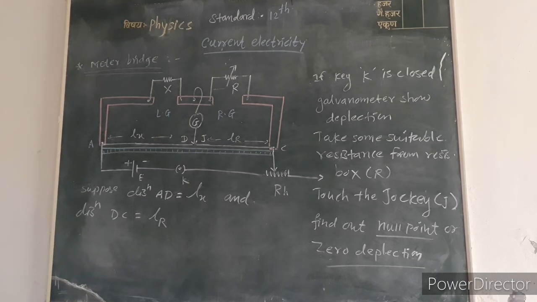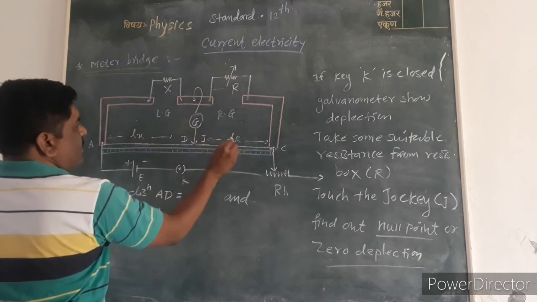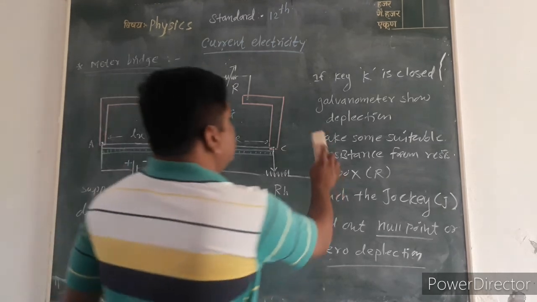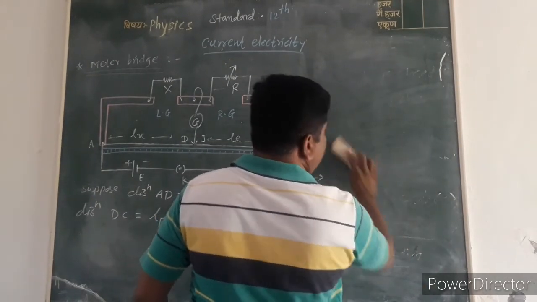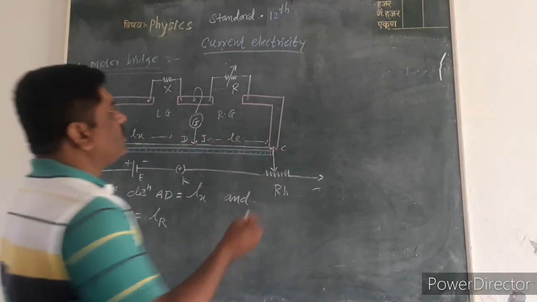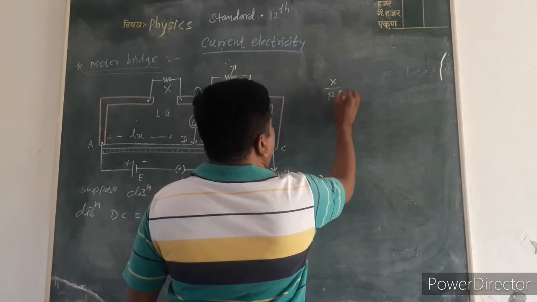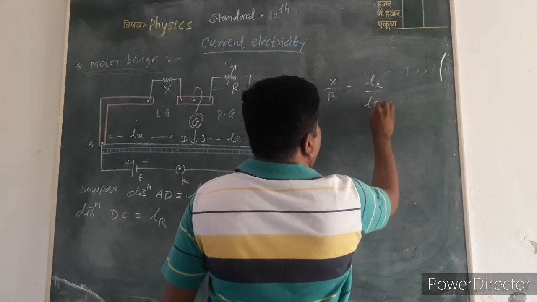Hence, this X, R, Lx and Lr act as a Wheatstone network. Then we use the balancing condition of the Wheatstone network, which is X upon R is equal to Lx upon Lr.